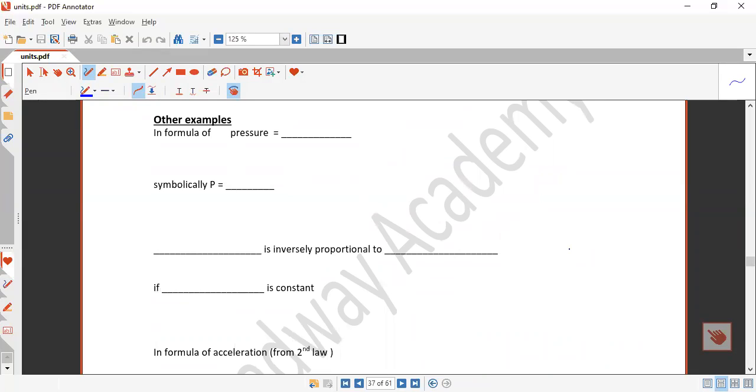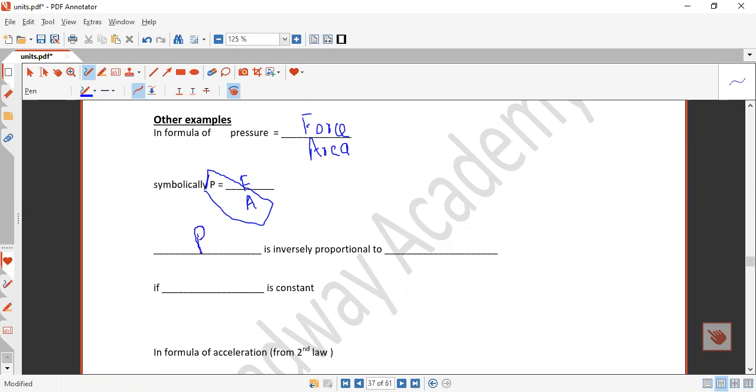Like we know, students, that pressure is equal to force per unit area, right? So we can write it symbolically as P equals F by A. So pressure and area are inversely proportional if the force is constant.